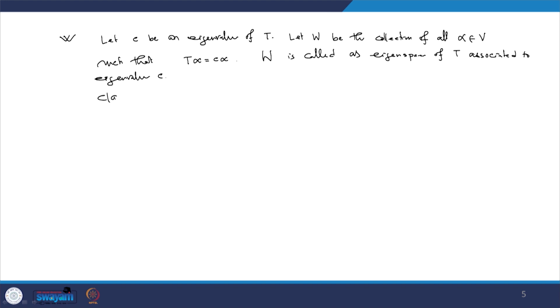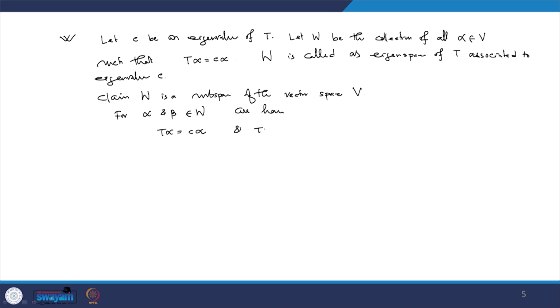So, we have defined what we mean by the eigenspace of a linear operator associated to an eigenvalue C. Claim: W is a subspace of the vector space V. How? For alpha and beta belonging to W, we have T of alpha equal to C of alpha and T of beta equal to C of beta.